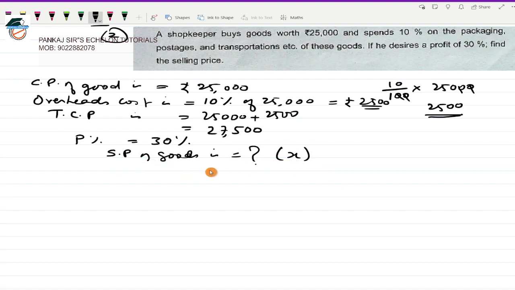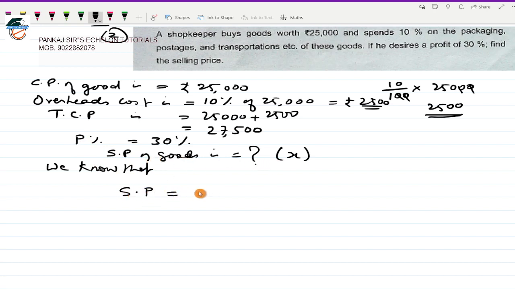Now we are going to think of a formula which relates profit percent, cost price and the selling price. Now you want selling price, so directly there's a formula for selling price.